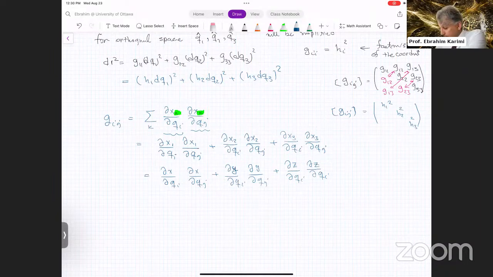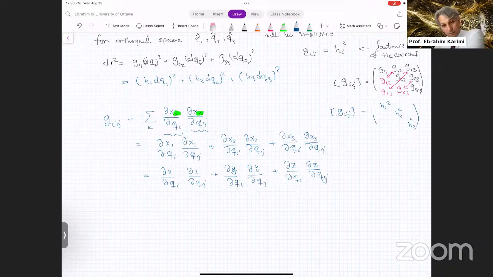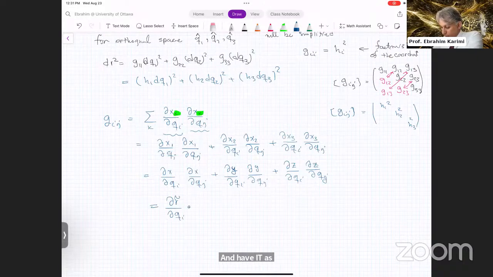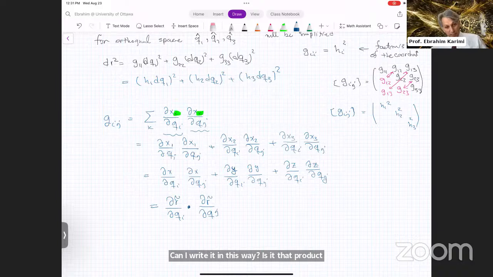Can you tell me what's that? Can I write it as the dot product of the derivative of R with respect to Qi, derivative of R with respect to Qj?